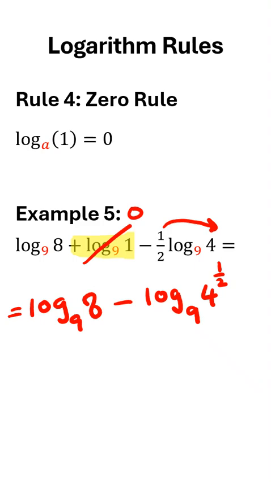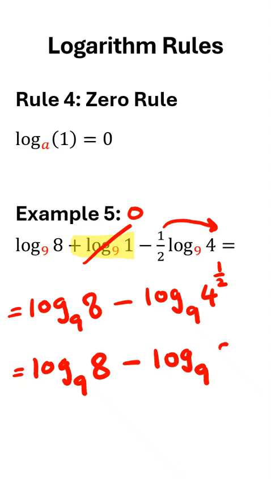So here we have log to base 9 of 8 minus log to base 9 of 2, because 4 to the power of a half is equal to 2, the same as the square root of 4.